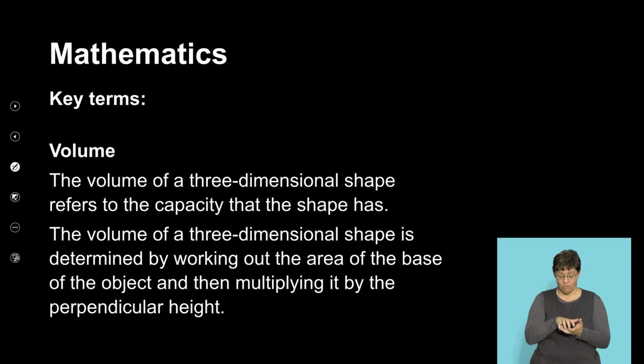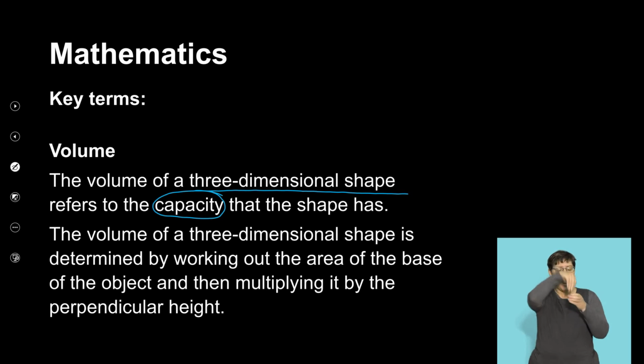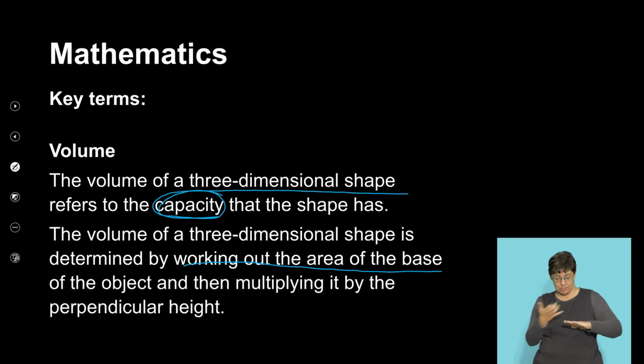The volume of a three-dimensional shape refers to the capacity that the shape has. The volume of a three-dimensional shape is determined by working out the area of the base of the object, and then we multiply it by the perpendicular height.